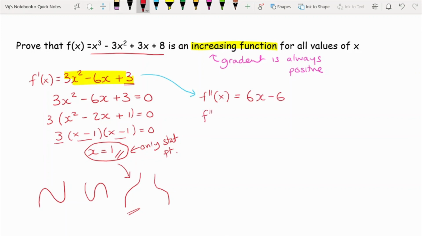And when I then substitute the x ordinate of the stationary point into this, we get 6 times 1. So doing that, 6 times 1, take away 6, which leaves me with 0. So therefore, it's a point of inflection.